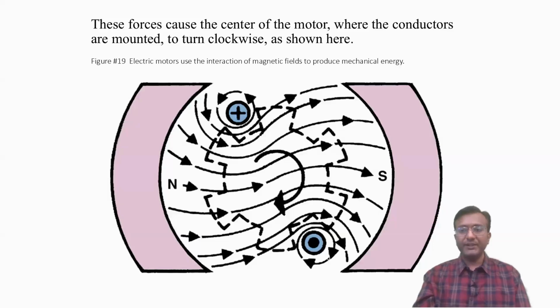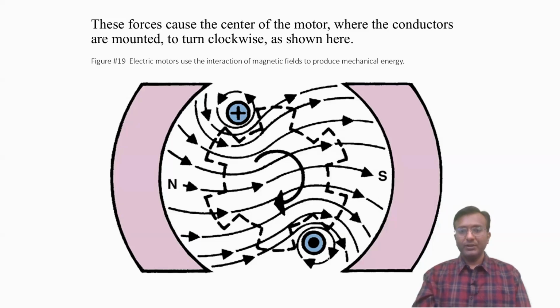Now you can see this figure. Here is the north pole and this is the south pole. In between is a rotor. This rotor is composed of these conductors.